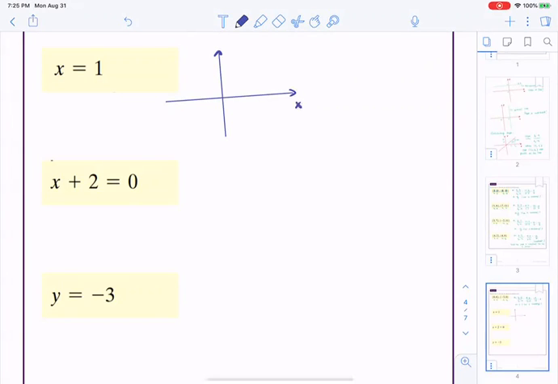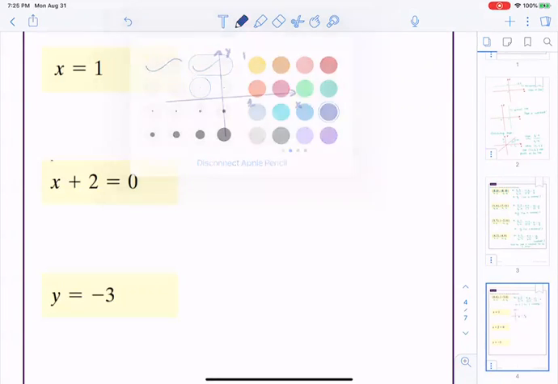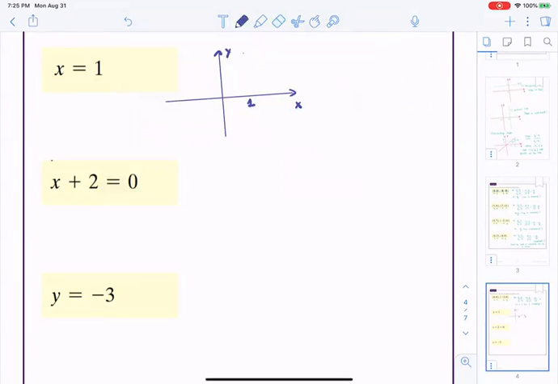If x is equal to 1, it simply means a vertical line.